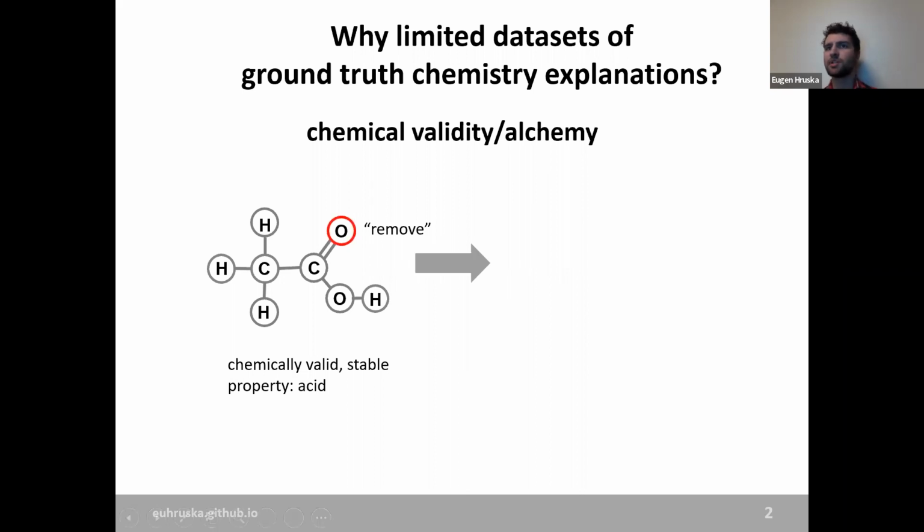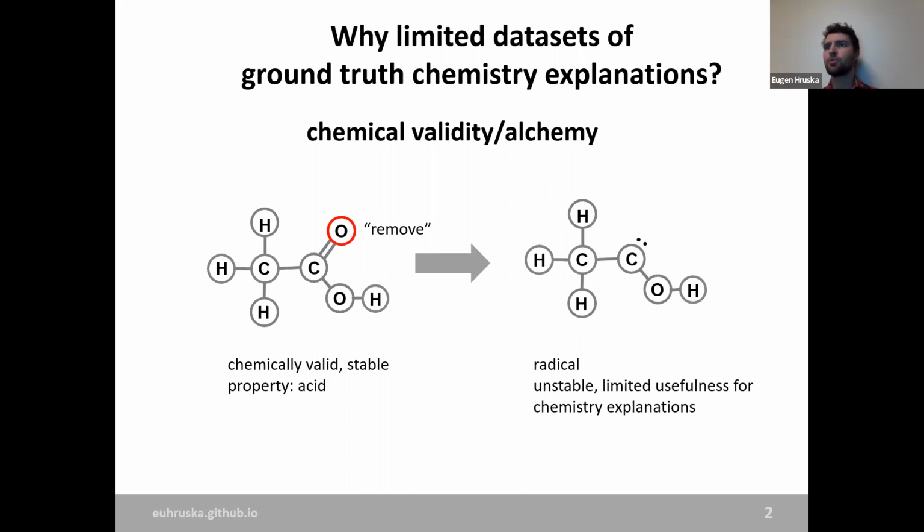Of course, it's not always precise, but compare that with the machine learning approach, where we can just remove a node, in this case an atom, and see what will happen. If we remove a whole node in a molecular graph, we will get a radical, a very unstable and, in most use cases, not a really useful molecule.